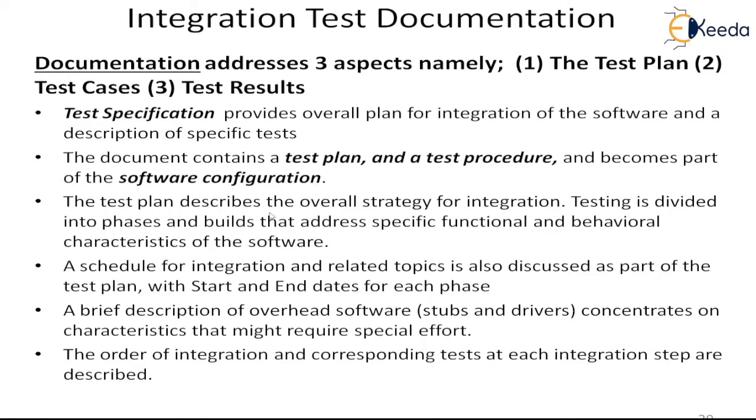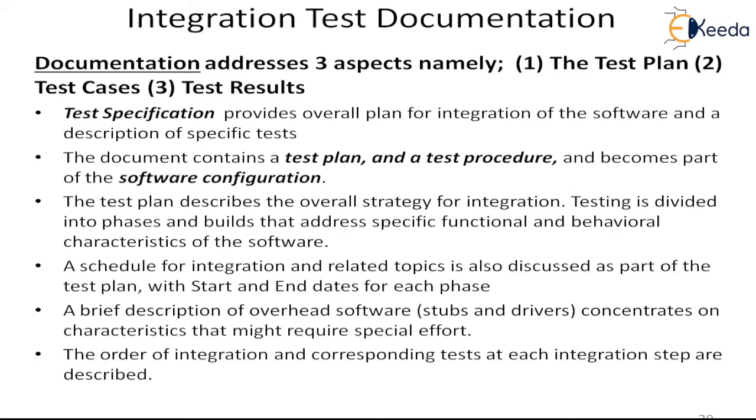The test plan describes the overall strategy of the integration: what kind of integration we should go for, and what kind of dummy stubs and drivers we will write. Testing is divided into phases and builds that address specific functional and behavioral characteristics of the software.